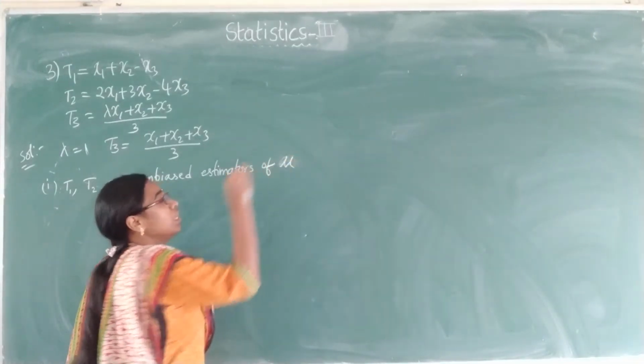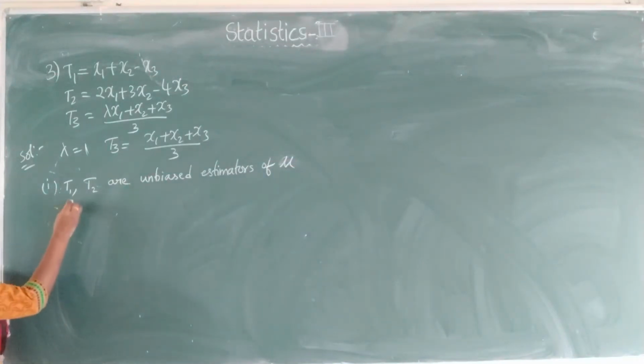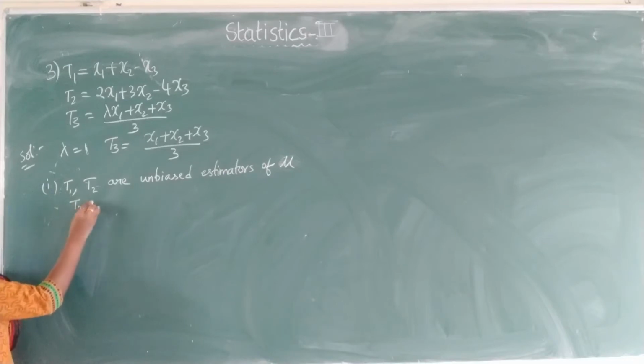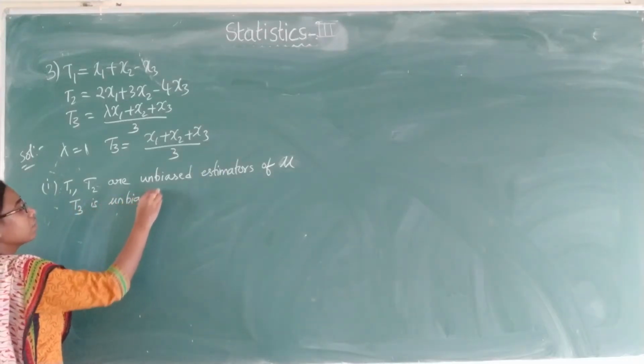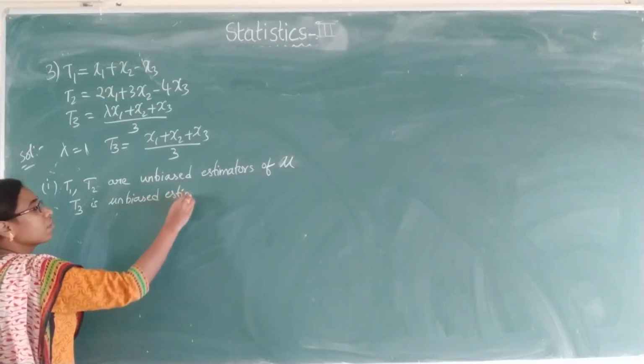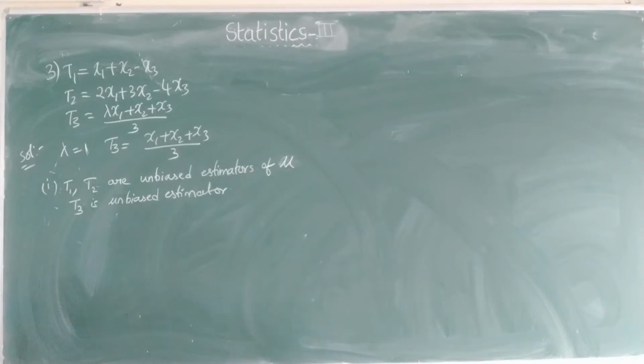The parameter is given as mu. So we got that T1, T2 are unbiased estimators of mu, and it is also given that T3 is the unbiased estimator. So all the three estimators, that is T1, T2, T3, are unbiased estimators.